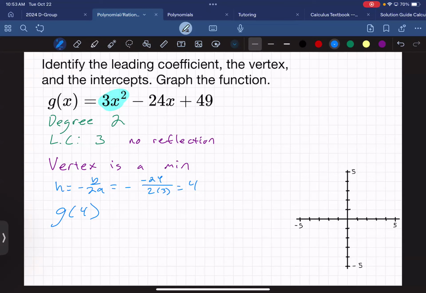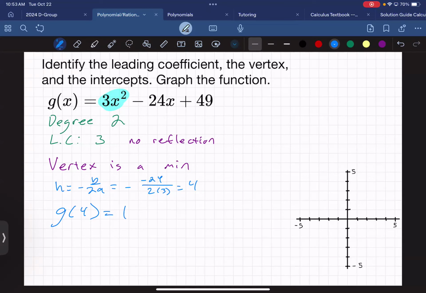So make sure you see here, we got to go plug 4 into this, which if we go through that process, what do we get? +1. That will give us our vertex now of 4, 1. And I can go plot that point right away.